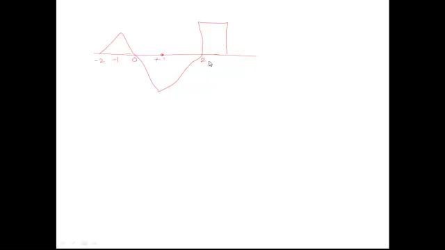Let us say this peak is 2. Let us say this peak is 4, this point. Maybe I am not drawing it correctly, please try to adjust. Now let us say this is 1, this is 1.1, 1.5.